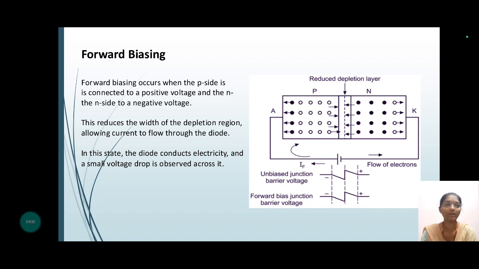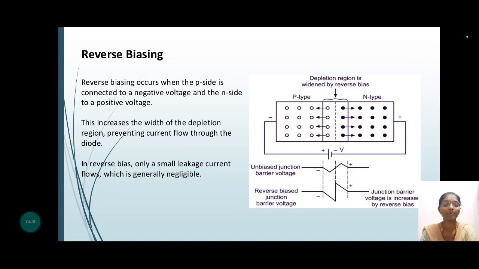Between the p-type and n-type, in the beside picture, we can see the reduced depletion region in forward bias. The flow of electrons is to the right side, and the unbiased junction barrier voltage occurs. The forward biased junction barrier voltage we can observe in the beside picture.